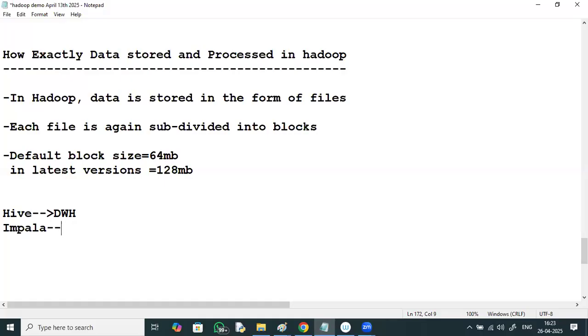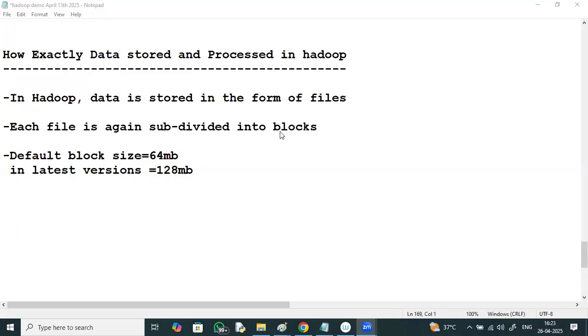Hive or Impala, they're both used for data warehouse kind of operations. Yes, Ashish, in Hadoop, Hive is one of the components, but not another name for Hadoop.